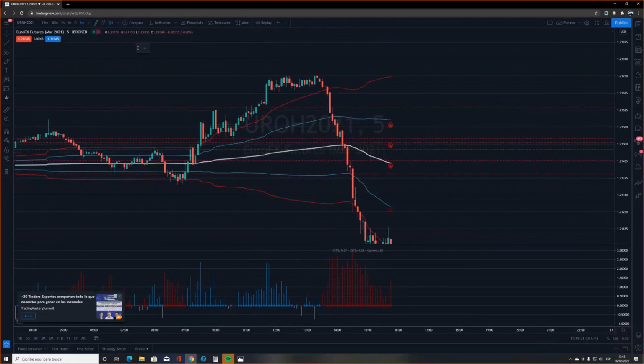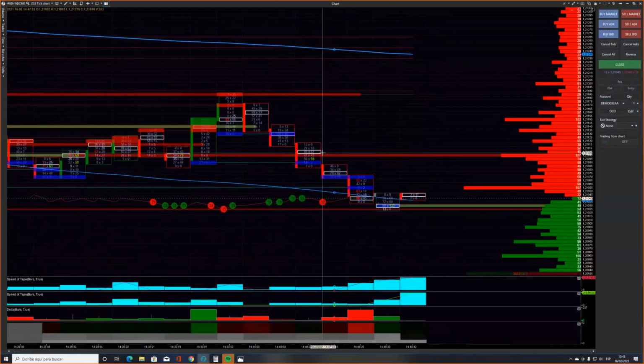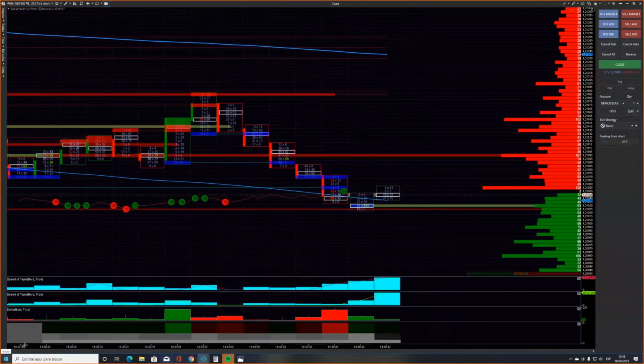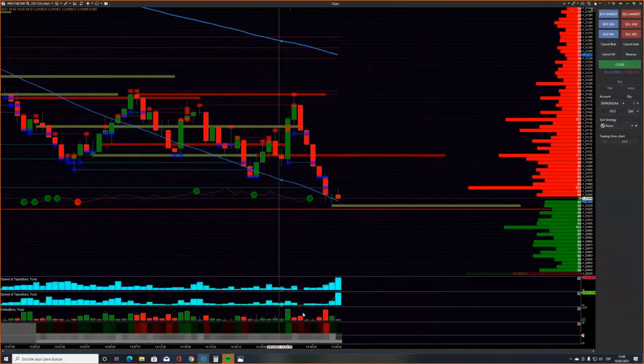Let me show you a chart now where we'll be looking at actual order flow. This is the same chart. We're looking at TradingView, the same chart. Let me just switch it to candles so you can see it's pretty much the same thing. I mean, the same price action.